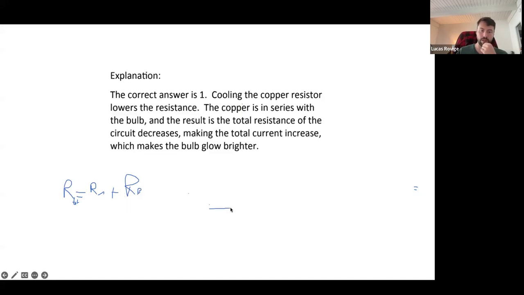And we also have that the current is going to be equal to U over the resistance. And so if we're dropping this, we're also lowering this value, and so we're increasing the current flowing through the bulb, and so we're increasing the brightness.